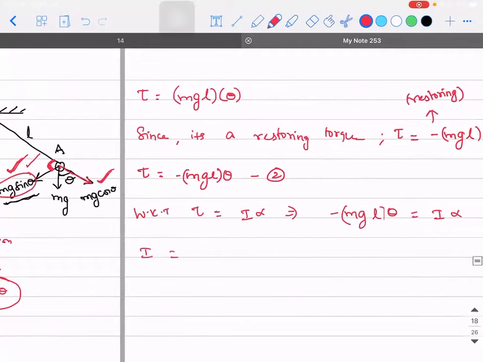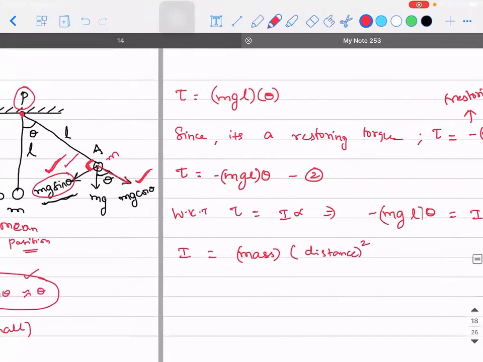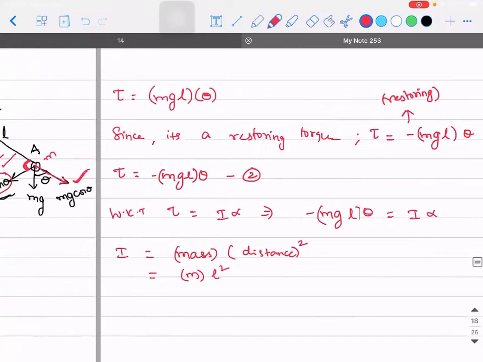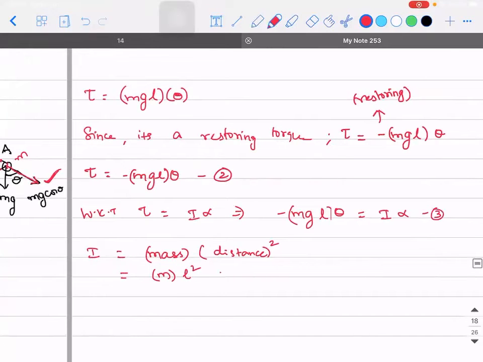Moment of inertia of a particle is equal to mass into distance squared. The mass is here, and how much is the distance from A to P? L, sir. It is m into L squared. Let us see 3, let us see 4. Take 4 and substitute it here. What will you get? You will get minus mgl into theta is equal to ml squared into alpha. Correct?